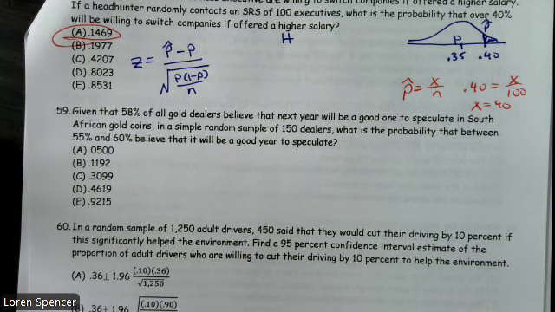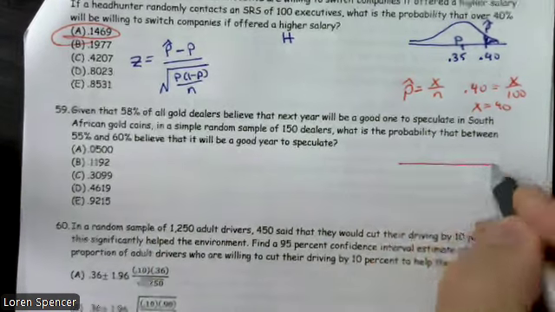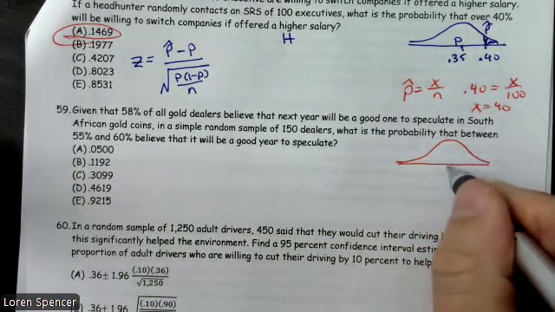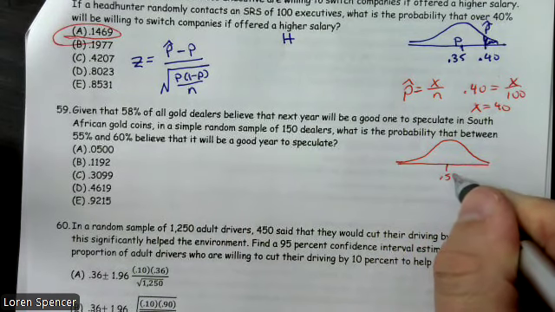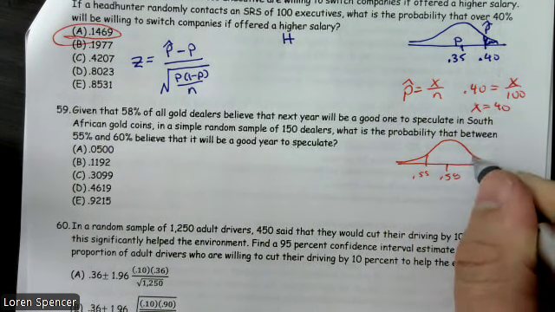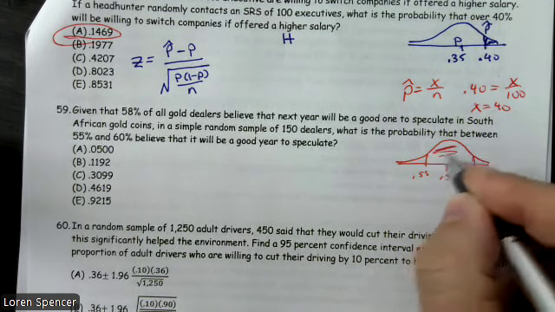So, what we're looking for, and this is kind of a weird problem, is this is 0.58, this is 0.55, and this is 0.60.